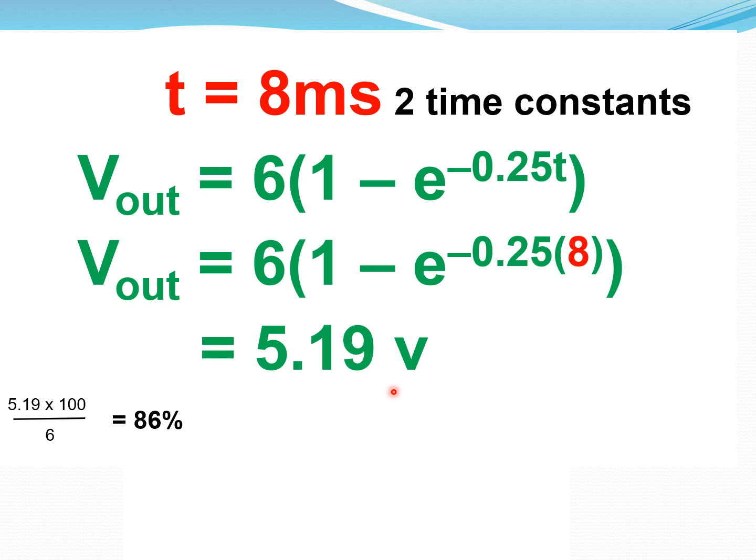Our input voltage was 6 volts, so after 2 time constants, 5.19 divided by 6 multiplied by 100 gives you 86%. The opposite of the 86%, if you take 86 from 100, is 14%.